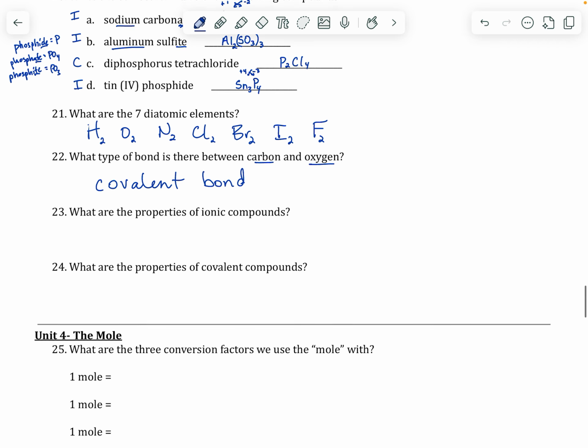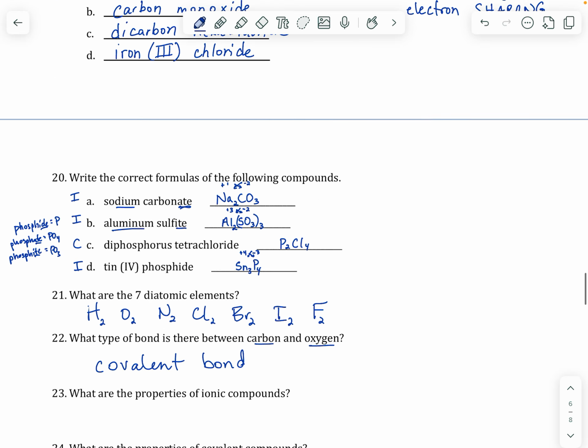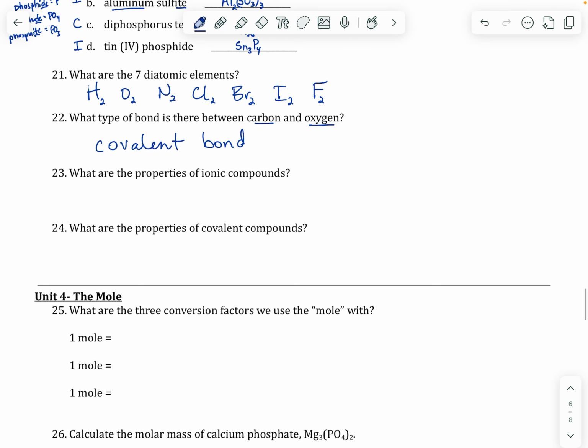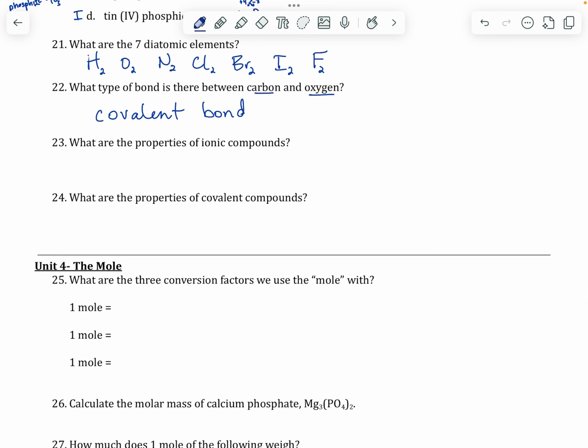Properties of ionic compounds. We kind of talked about just the basics up here, but properties in terms of characteristics and how they act. We did a lab that compared salt and sugar. Salt being ionic, sugar being covalent, and we noticed a couple things for sure that stood out.